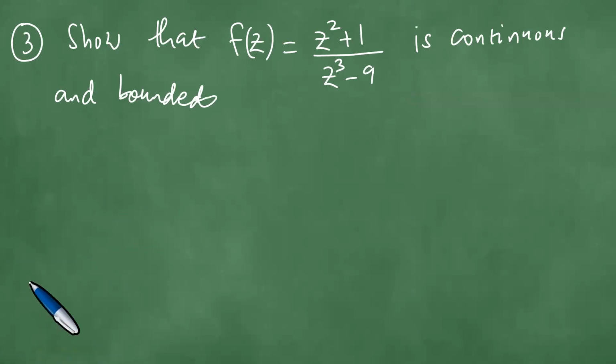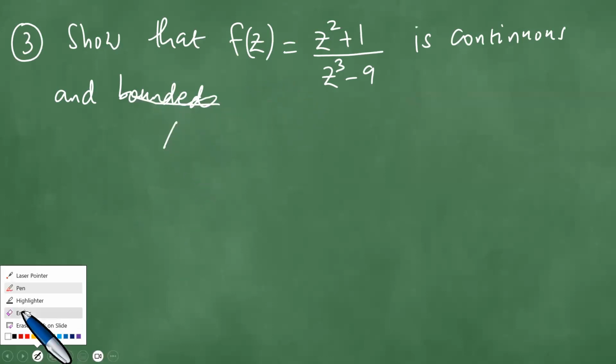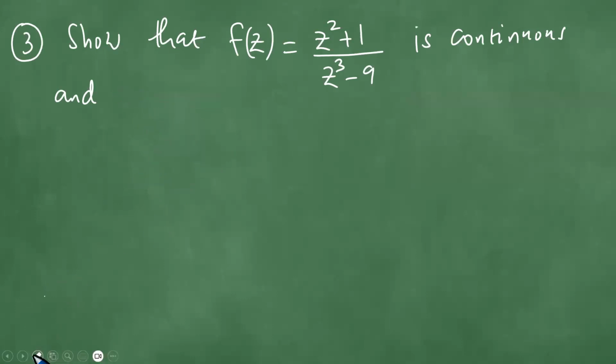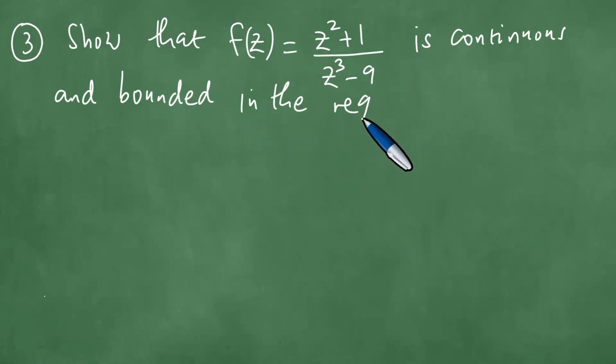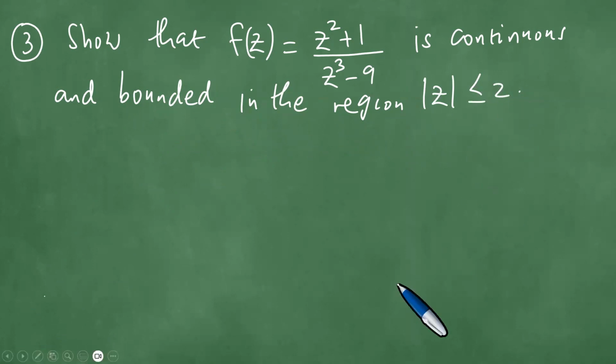So we need to show that this function is continuous and bounded in the region mod z is less or equal to 2. Okay, and now, what do we do?